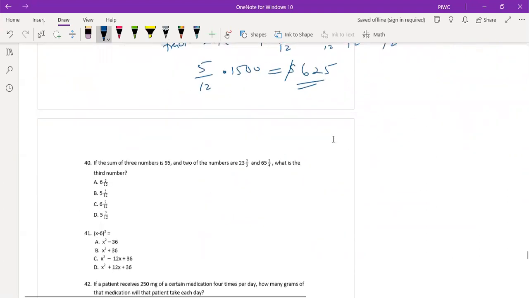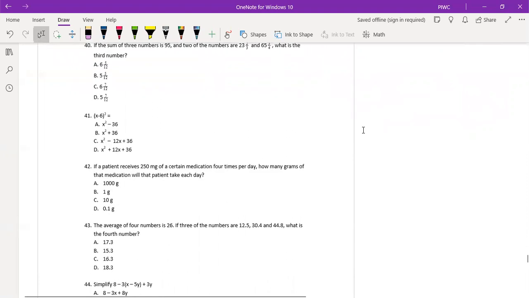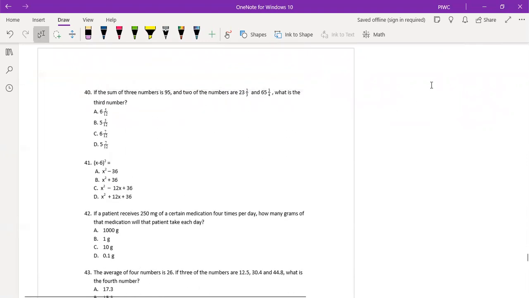And then the last portion of this: the sum of 3 numbers is 95. 2 of the numbers are 23 2/3 and 65 3/4. What is the third number? It means that we have to add these 2 numbers and then subtract from 95. So 23 2/3 plus 65 3/4.